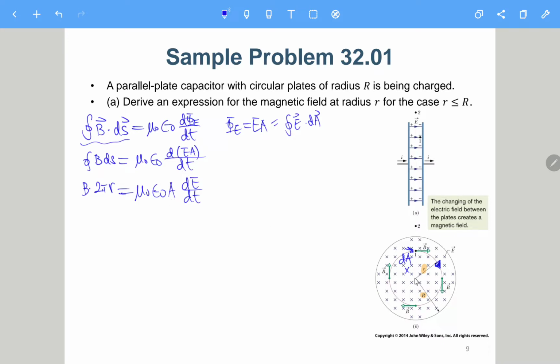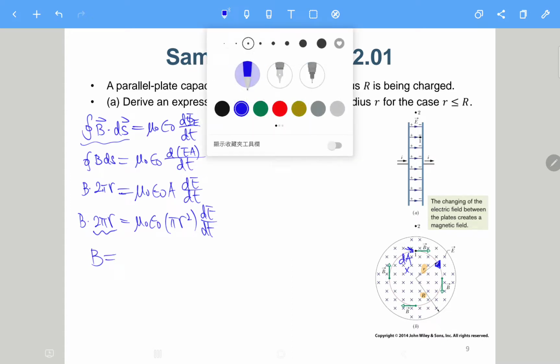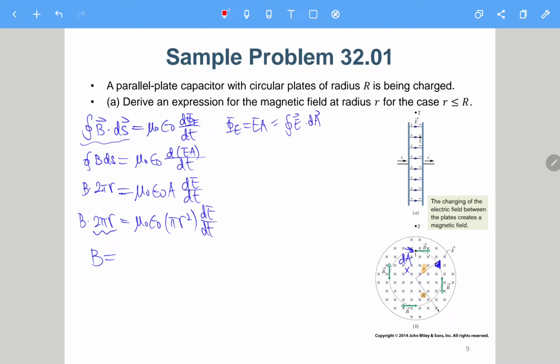Okay, so for this A, it is a circle. So this A is nothing but pi r squared. So we have B times 2 pi r equals mu naught epsilon naught times pi r squared times dE/dt. So we can just move over these terms and then we can have the expression of B. We can cancel some of the terms.